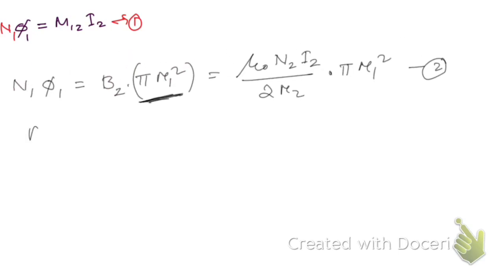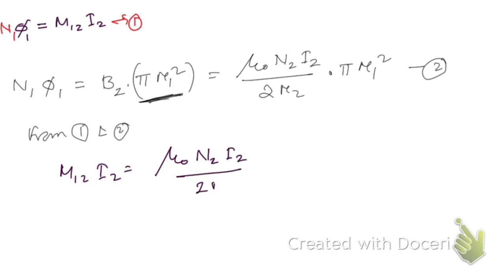So from equation 1 and 2, we will get M12 I2 is equal to mu naught N2 I2 by twice R2, times pi R1 square. That's what we're gonna have, right?